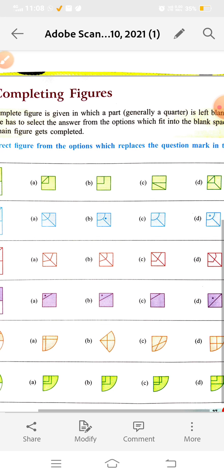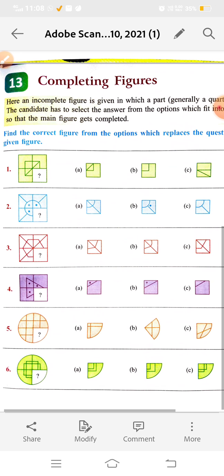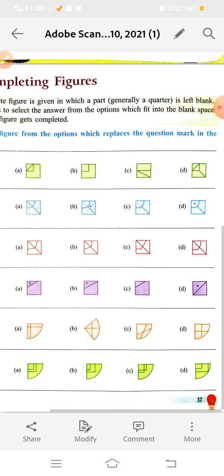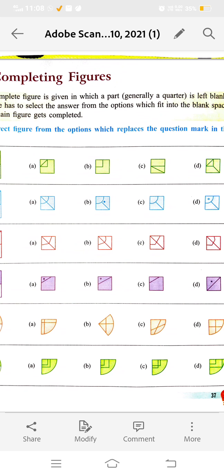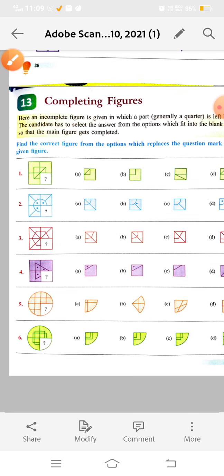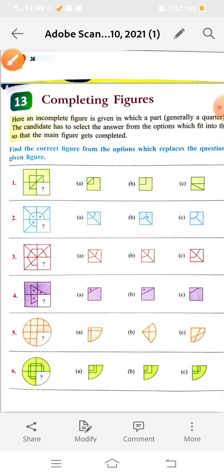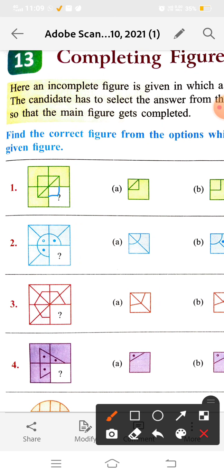So now we have option D. See, just a minute beta, look here, if we complete this figure, this will make like this.